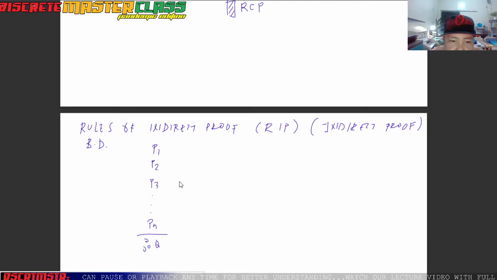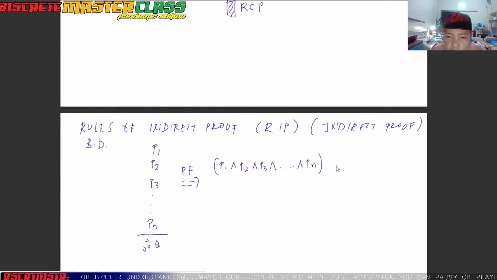Now, converting this to propositional form, we have P1 and P2 and P3 and ... and Pn, close, implies Q. Okay, from that propositional form, lalaruin ko yan. Gagamit ako ng ident sa rules of replacement. Meron tayong 8 ident at isa doon yung gagamitin ko.